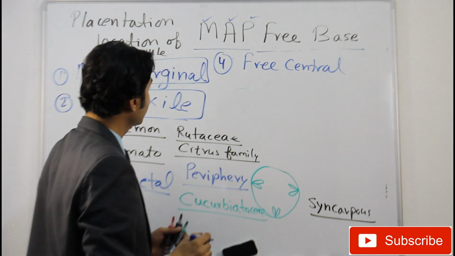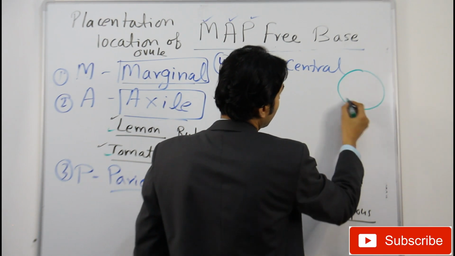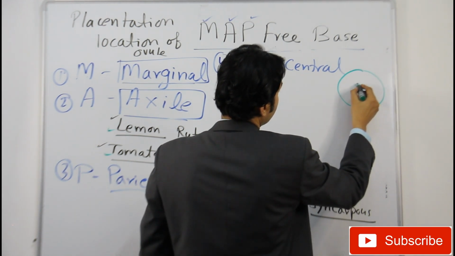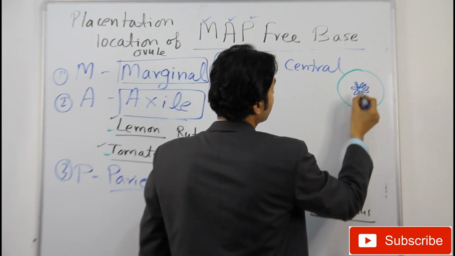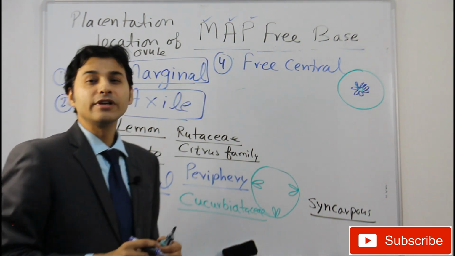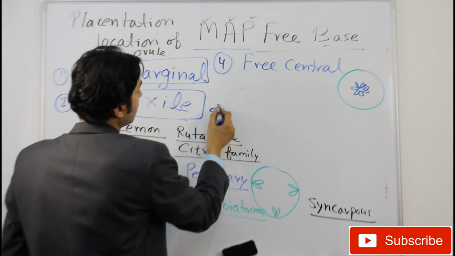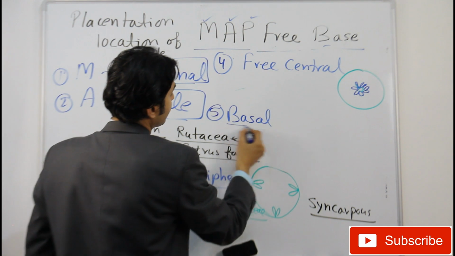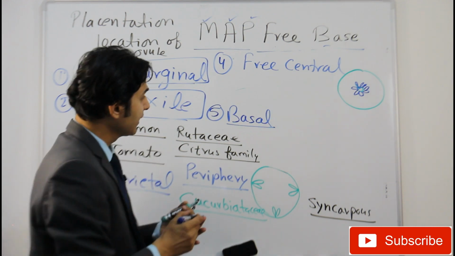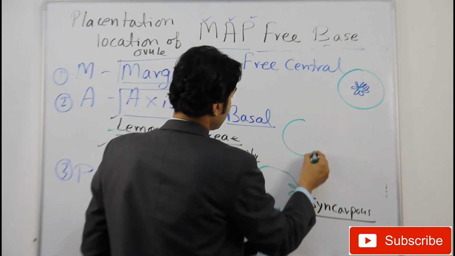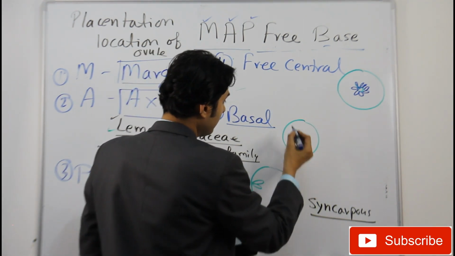As the name itself tells, it is free central. It is something like axile, but remember in axile you had this and from this, but here there is a tissue here, and from this tissue the ovules will be attached like this. So this is called free central. And number 5 is basal. Basal is what we also drew in the beginning, it is attached at the base. So this is the ovary, and this is the ovule.